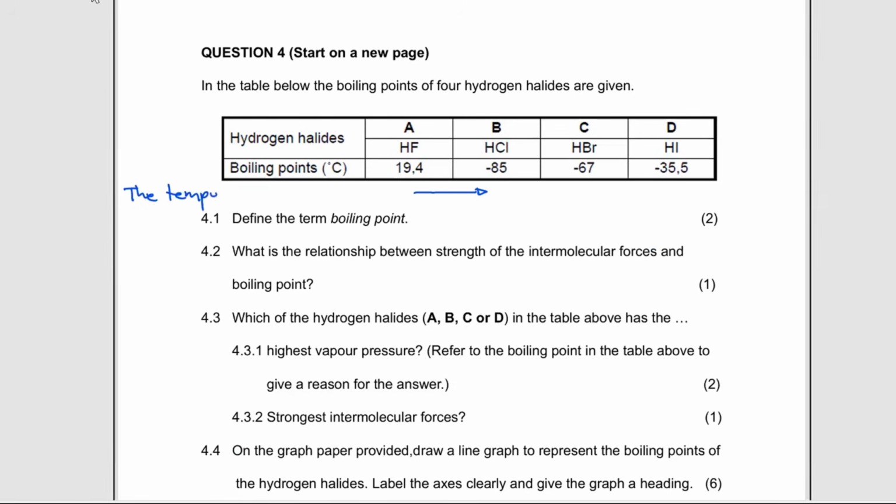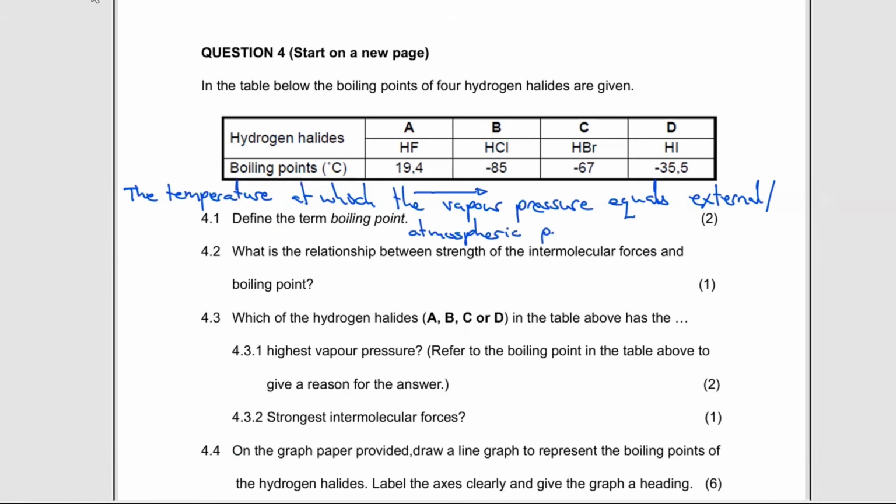This is the most important part, so you should always start with the temperature at which the vapor pressure equals the external or atmospheric pressure. That's how we define our boiling point.